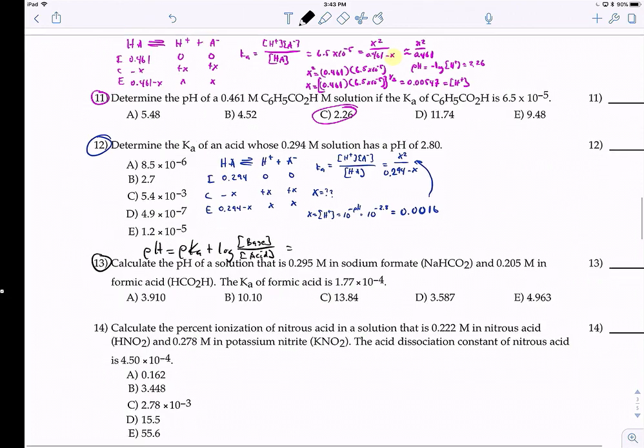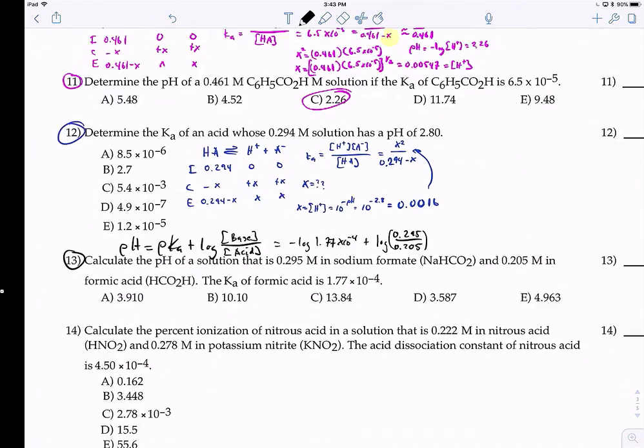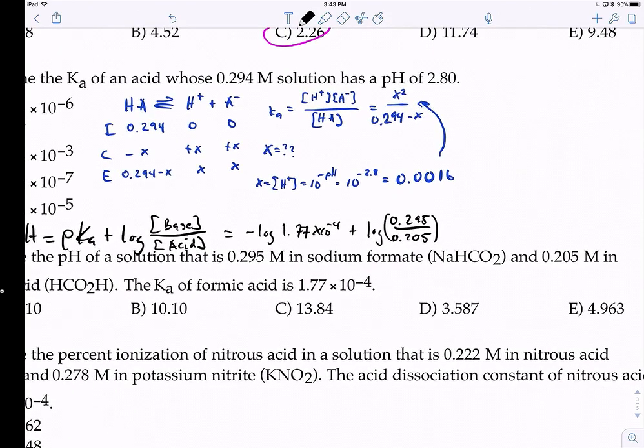The pKa is minus log of the Ka, minus log of 1.77 times 10 to the minus 4. That's the pKa, plus the log of the base. The base in this case is the sodium formate, 0.295, all over the acid, 0.205. You just throw that in your calculator.